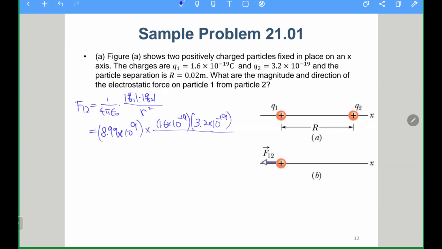Q1 and Q2 are all positive. And R, we can write as capital R squared, so this is 0.02 quantity squared. Using a calculator, this value will be 1.15 times 10 to the minus 24 Newton.